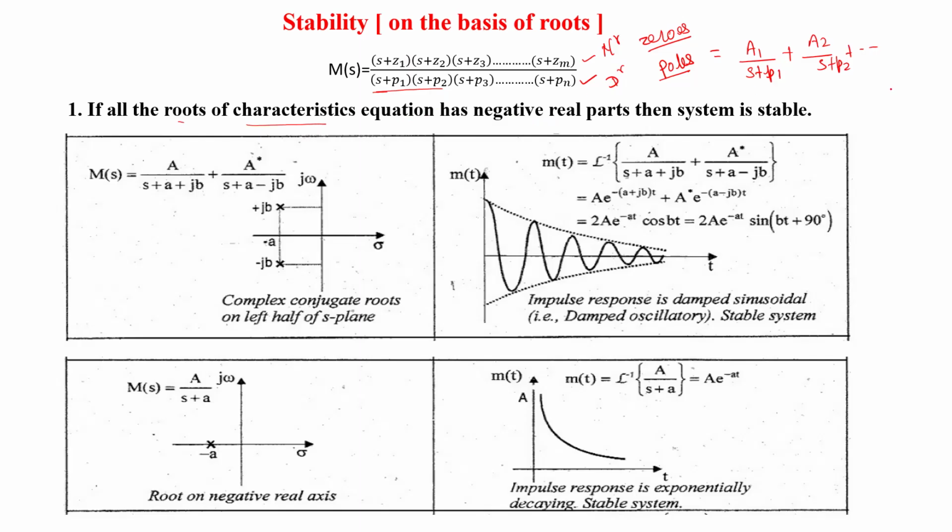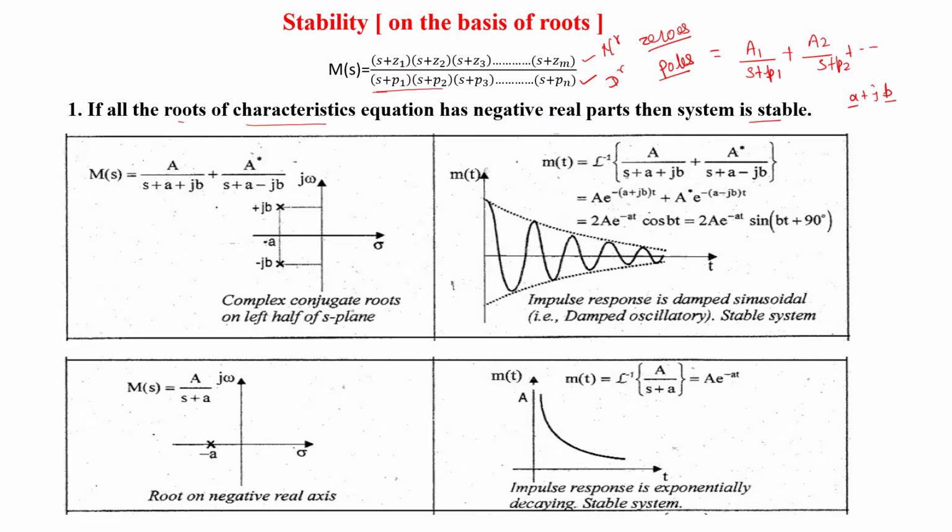like suppose we have a solution like a plus jb, where a is the real part and b is the imaginary part. If this real part has negative values, then the system is stable.